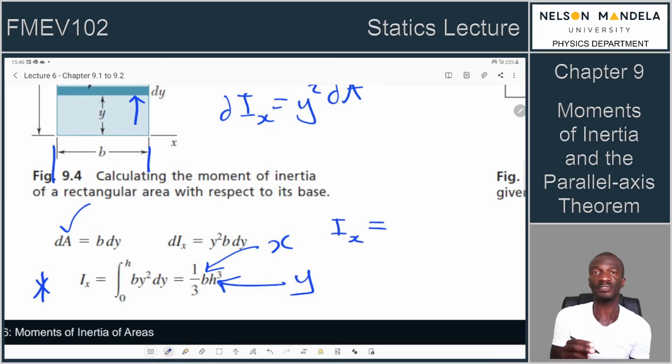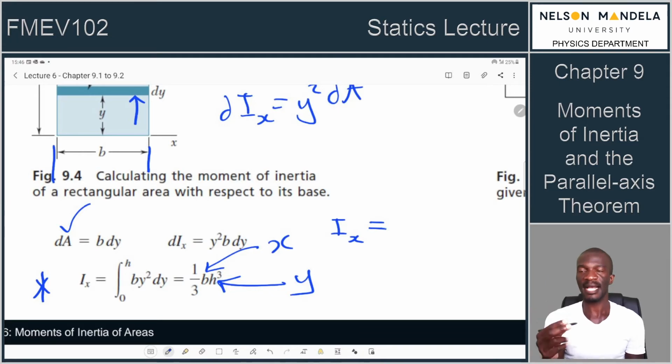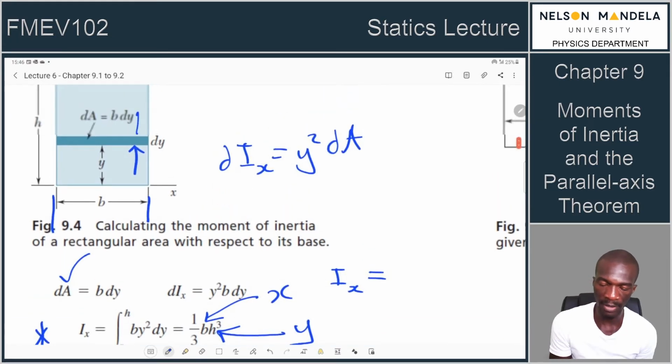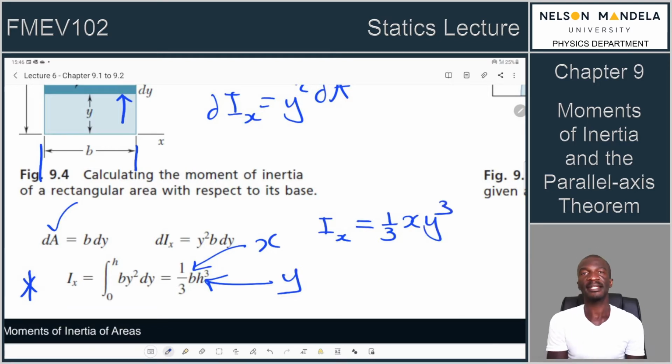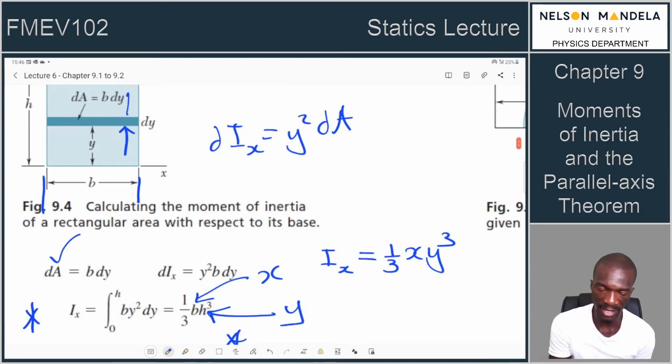So the moment of inertia about the x-axis for any rectangular strip is obviously now given by a third of x parameter y cubed. That is what we get as a general solution from this, because all we are doing is changing the thickness of this strip, but the moment of inertia that we want is about the x-axis, which is the same.